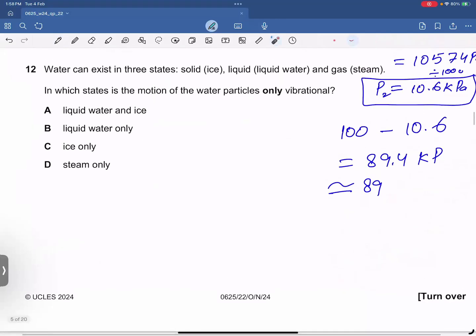Water can exist in three states: solid, liquid, and gas. In which state is the motion of water particles only vibration? Only vibration means it is solid, which is ice. So option is C. We proceed to the next question, number 13.